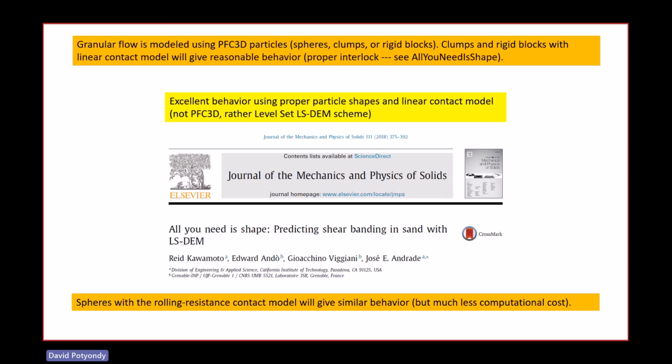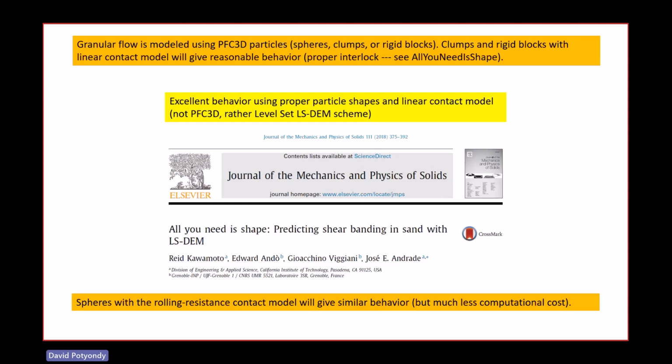But most granular material is not spherical. It has different shapes, like rice, for example, right? Or pieces of coal or something like that. But they don't use rigid blocks or the equivalent in other codes, polyhedra, because they're much too slow. They want to do millions of particles to do these things.